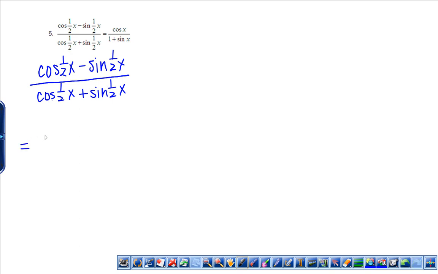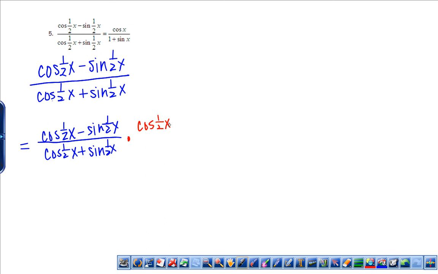All right, so let's begin. I'm going to multiply by the bottom, and it really doesn't matter which one you multiply by. So this would be cosine of 1/2 x minus sine of 1/2 x over cosine of 1/2 x minus sine of 1/2 x. And that's the conjugate. Okay, so now I'm going to put these in parentheses, and I'm going to have to double distribute or FOIL, as some of you have heard.